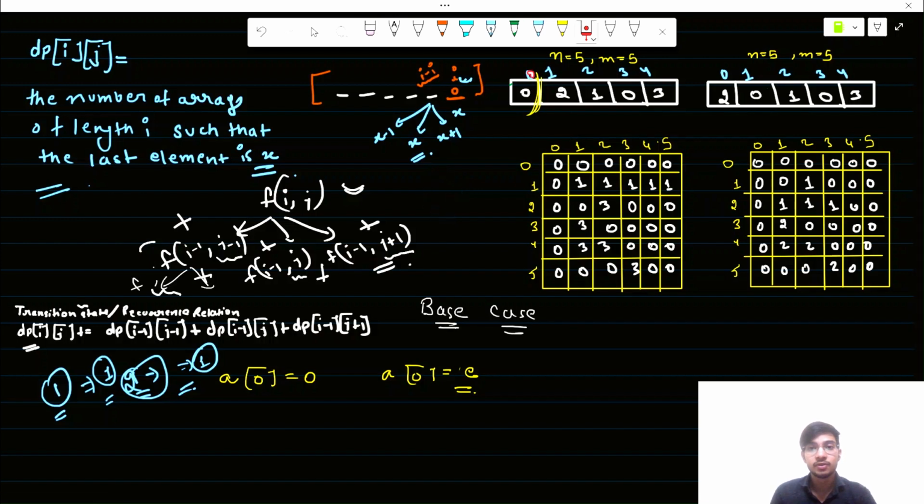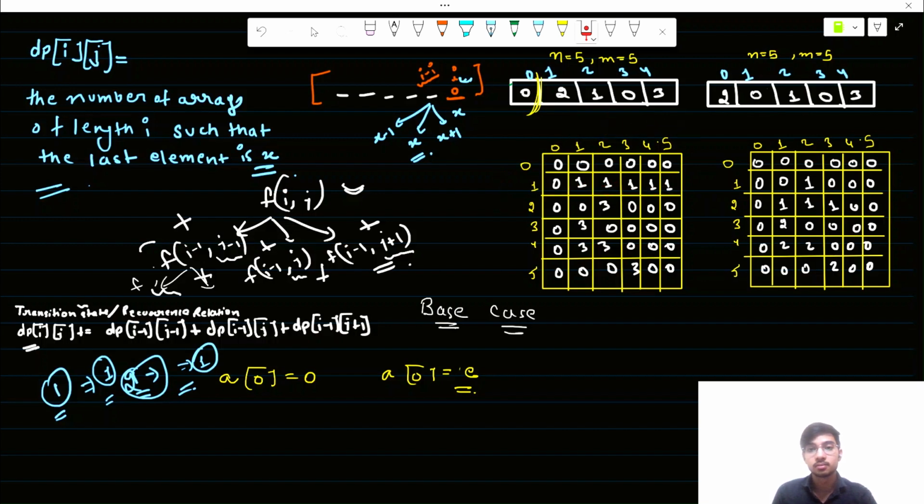So if it is 0, for the index 1 you have to look at the i minus 1. Suppose this is the base case. So we have to fill dp of 1, i equals 1, for all 1 to m.